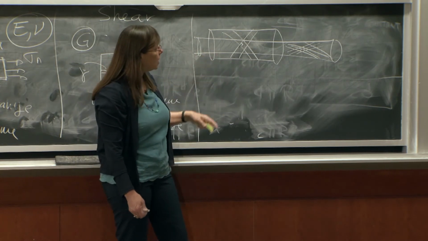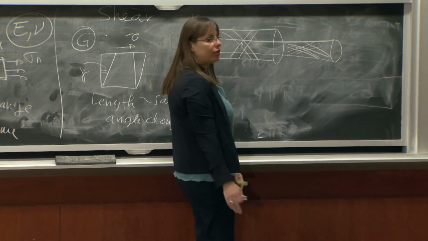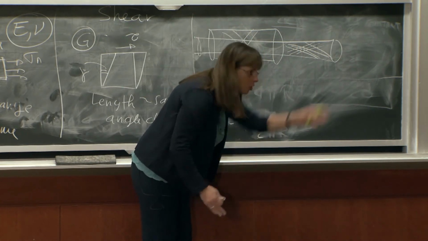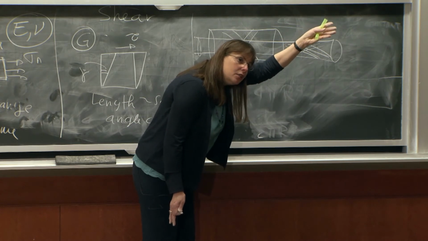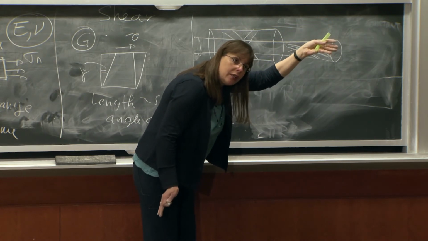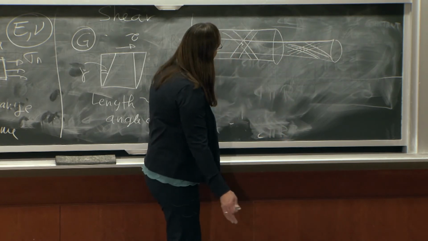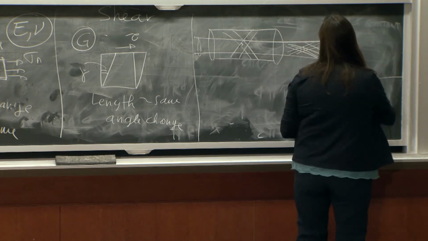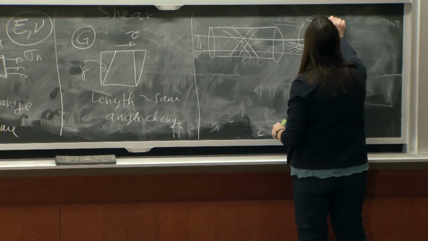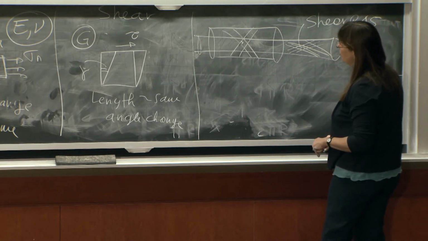By looking at this, you see that if I pull in tension this way, if I rotate my head and look at a 45-degree angle, in that 45-degree rotated world, there is shear. So if I have tension along this axis, there is shear at 45 degrees.